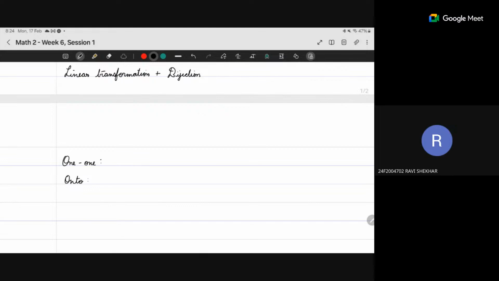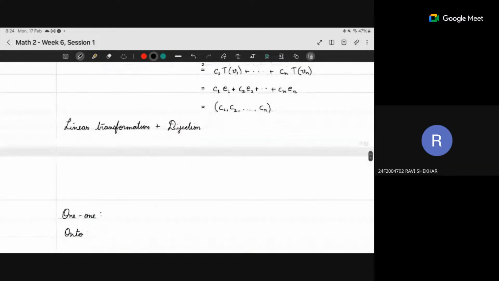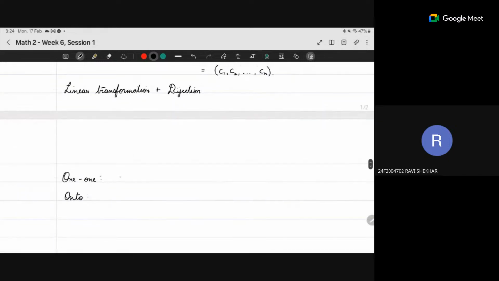Now, how do we say that this is one to one? 0 mapping to 0. But is that covered already, the kernel and all that? The terms have not been covered, but 0 mapping to 0. So is everyone familiar with the fact that T of V is equal to 0 implies V is equal to 0 is what we have to prove?